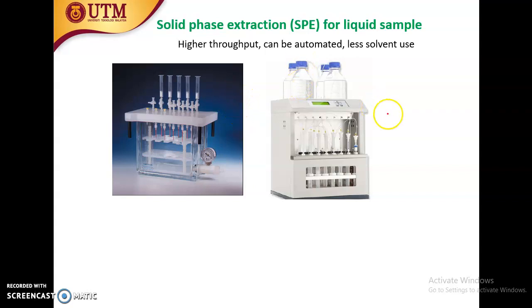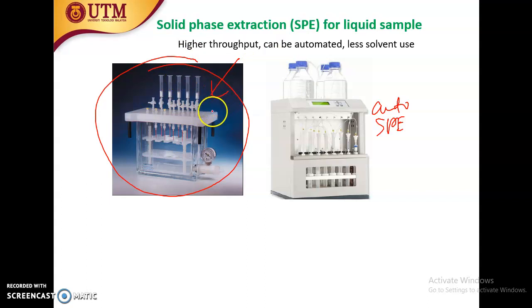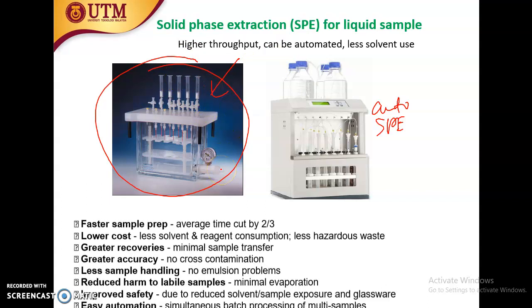Okay, that's what we call automated SPE, whereby we can put a lot of cartridges at one time, and then we just click, and it will go into extraction. Most research labs will have this vacuum manifold for 1, 2, 3, 4, 5 cartridges to be put in.